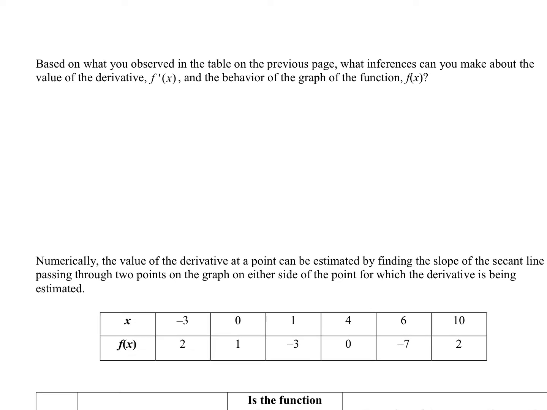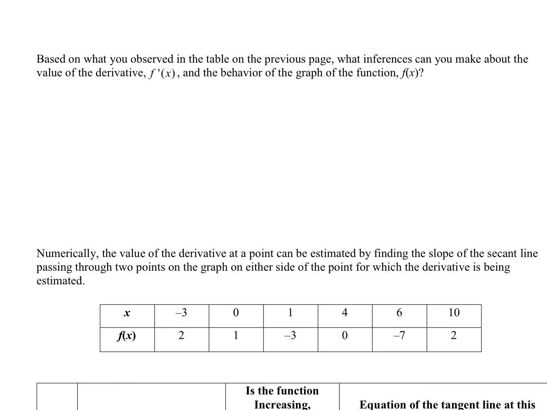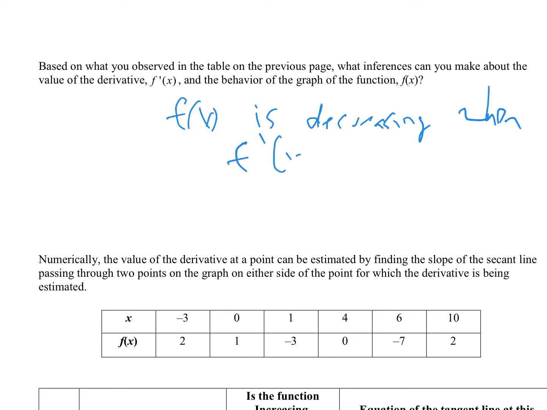Based on what you observed in the table on the previous page, what inferences can you make about the value of the derivative and the behavior of the graph? I guess what stood out in my point of view is f of x is decreasing when f prime of x is less than 0.